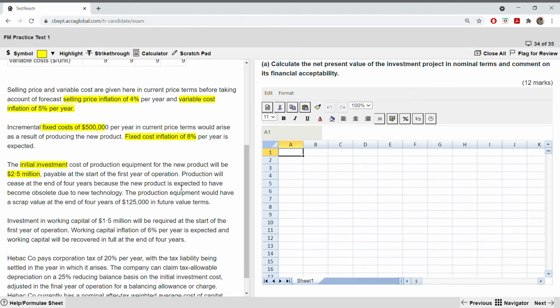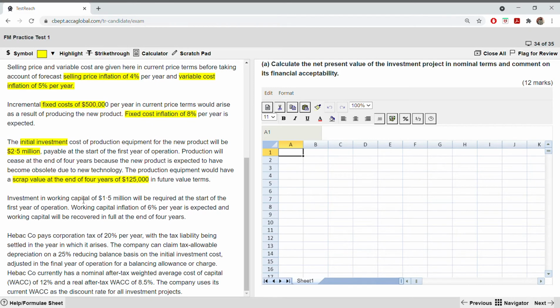Because the new product is expected to become obsolete due to new technology, the production equipment would have a scrap value at the end of 4 years in future value terms. So the production equipment will have a scrap value in the 4th year. Next, investment in working capital of 1.5 will be required at the start of the first year of operation.